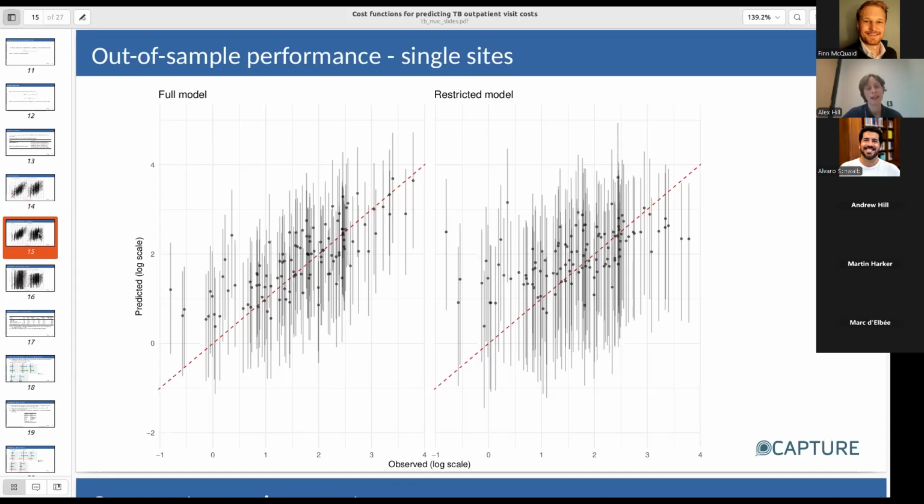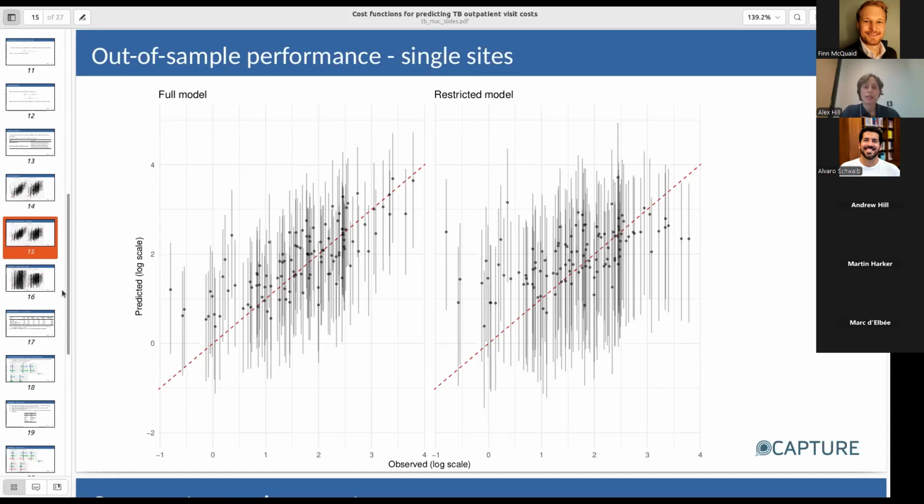So you can see, again, model 1 does pretty well, model 2 a little less well. And then the comparators, if you recall, were just using the average fixed cost of a visit in the whole data set as a predictor, and then also using the average total facility cost divided by the volume.